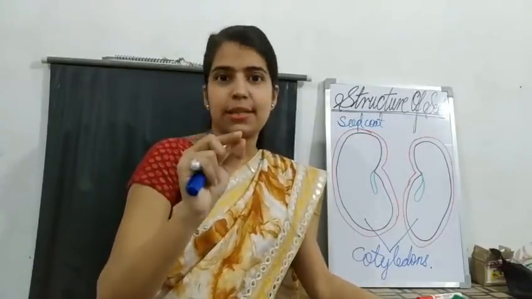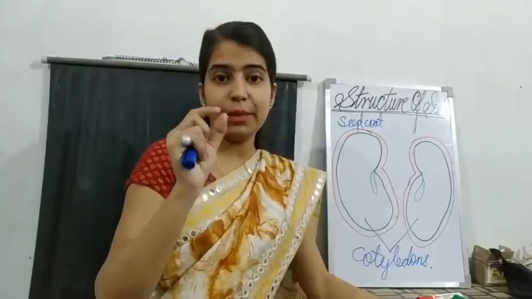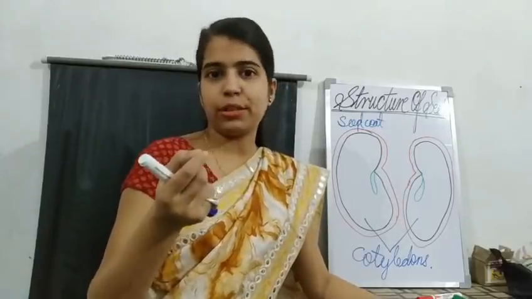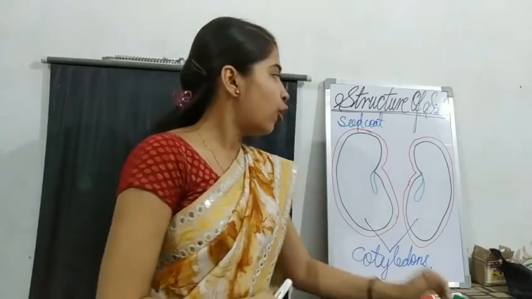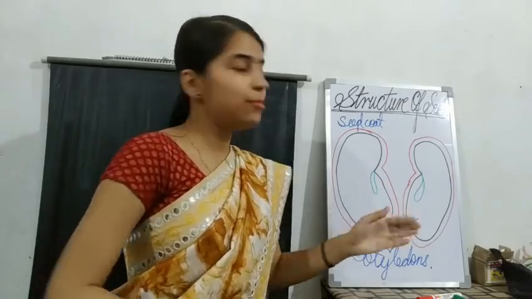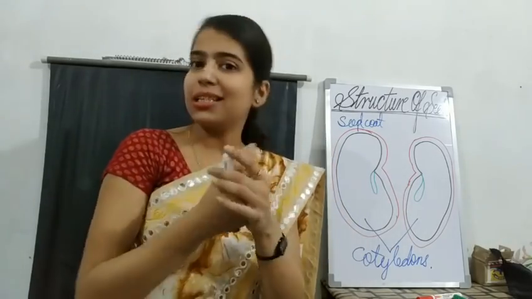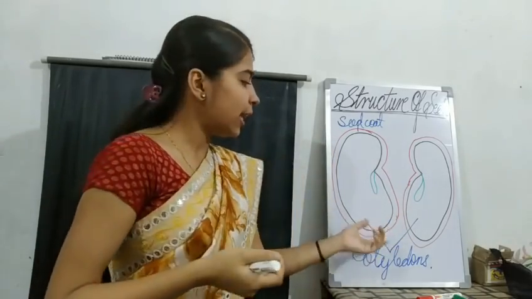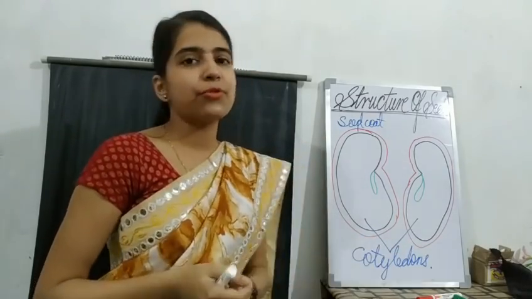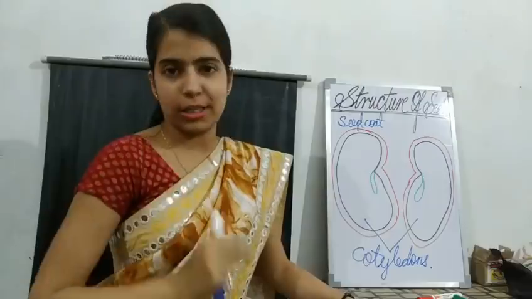Peas, green peas can also be split. Moong, if you eat, can also be split. So if you find two cotyledons inside, then the seeds are said to have two cotyledons, and such seeds are called dicot seeds.